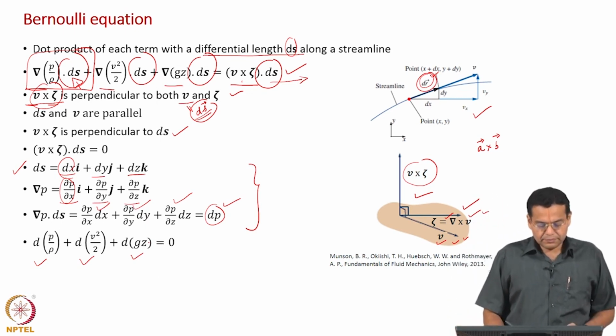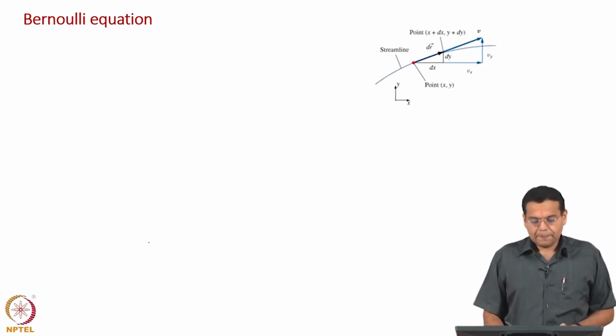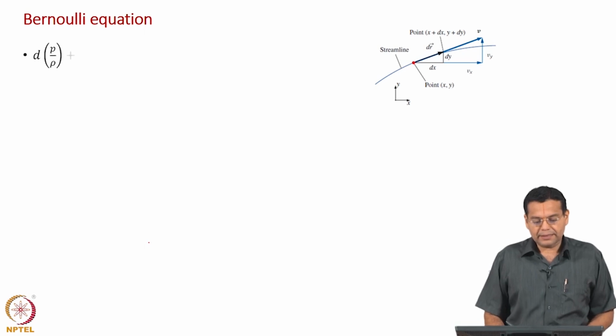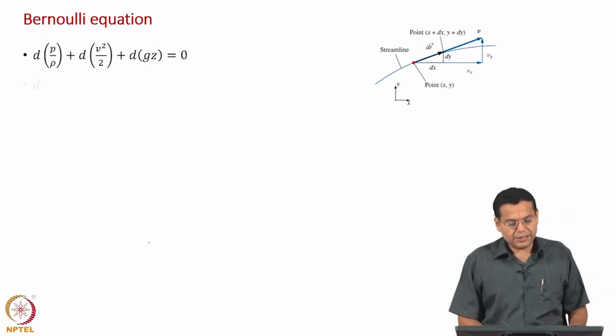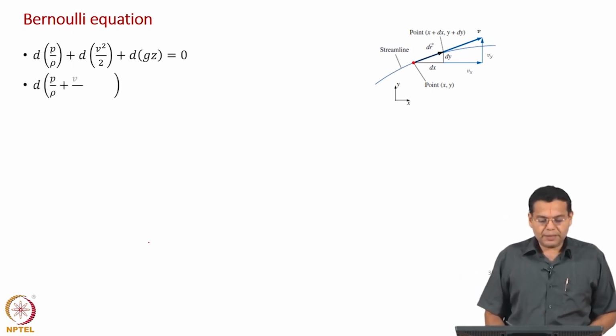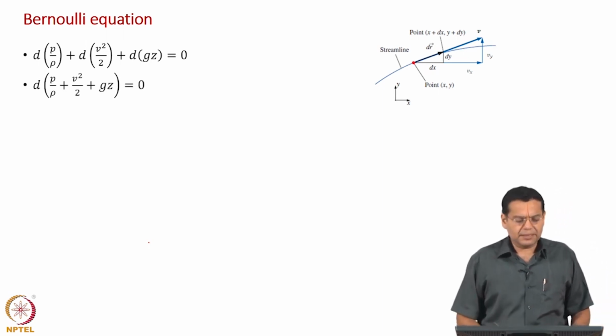Now, let us rewrite that and write this as d of (p by rho plus v squared by 2 plus gz) is equal to 0. What does it mean?